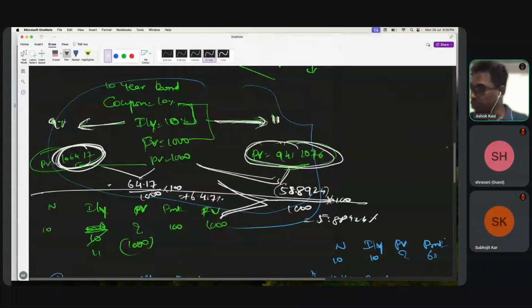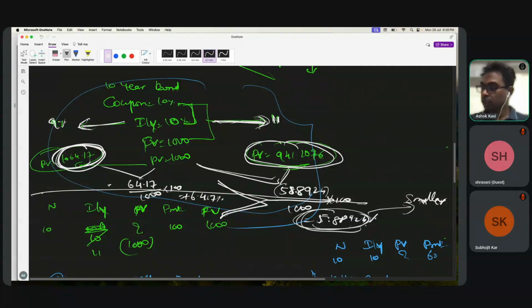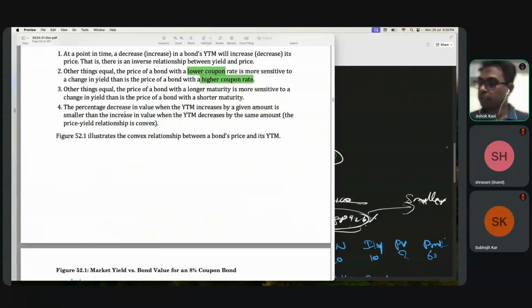Okay, that means this is smaller. When the interest rate goes up, the percentage by which it is coming down is smaller than the percentage by which it will go up when the interest rate comes down. You are able to understand this statement now, fourth one?